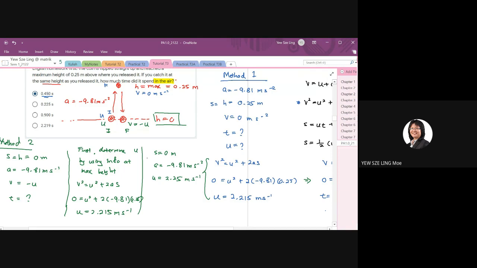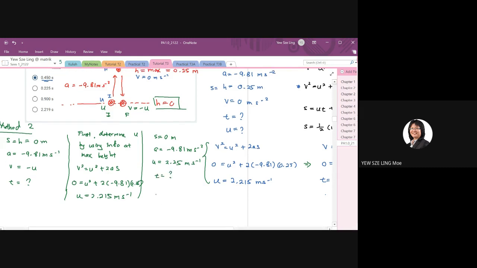So s, a, u, and now I want to find t. The equation that I can use obviously is s equals ut plus 1/2 at squared. s is 0, so 0 equals 2.25t plus 1/2 times negative 9.81 t squared. Rearranging the equation, straight away I obtain the total time in the air, which is t equals 0.45 seconds.